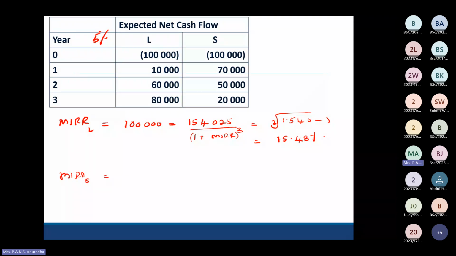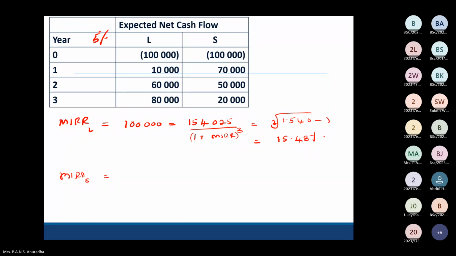Correct. So calculate for project S also. So 70,000 you have to compound for 2 years, 1.05 to the power 2, plus 50,000 for 1 year, plus 20,000. The terminal year cash flow is 149,000.